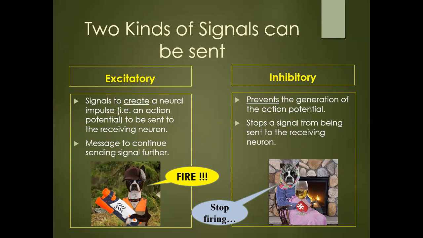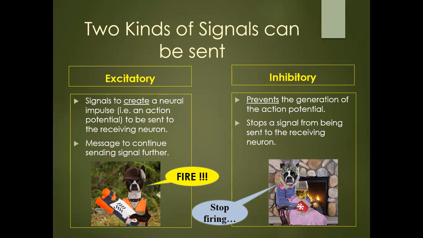An excitatory signal means to excite, to create. In our purpose, it means to continue, to keep the action going. An inhibitory signal means to inhibit, to stop. So that's going to be a signal which says stop what we're doing.